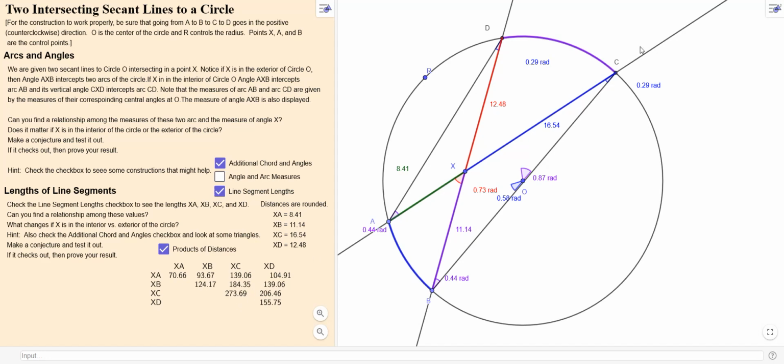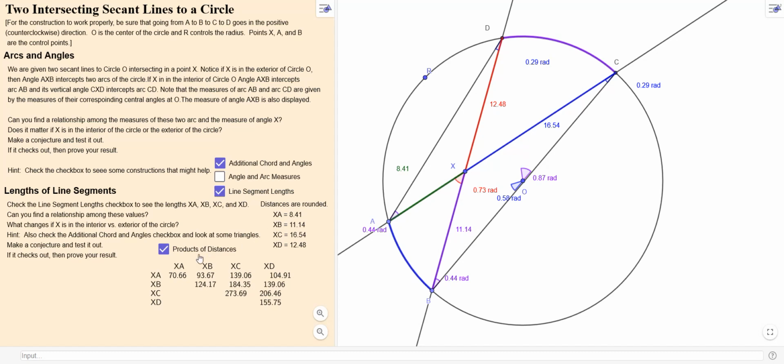Do you see it? Here it is, 139.06 here, right? So what is that? That's XA times XC. This one, that's the two along the same line, right? Along the same original chord across here.